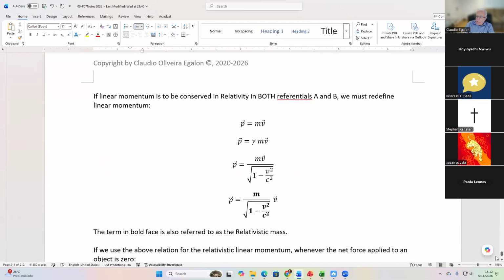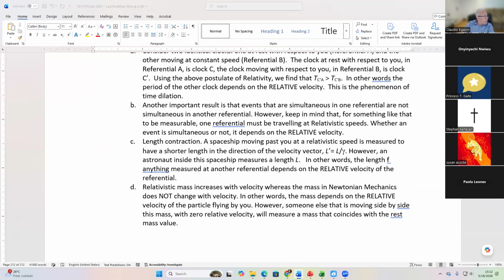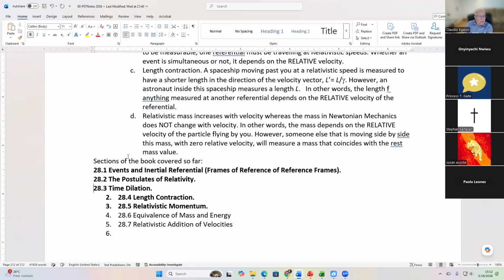And we covered one more section of relativity, which is relativistic momentum.